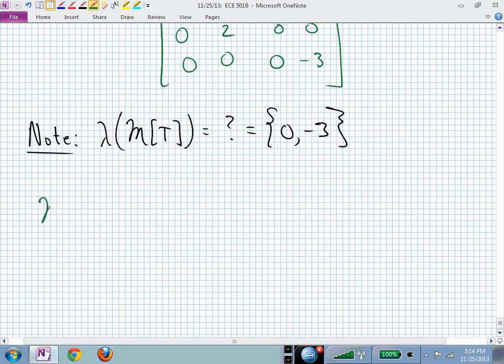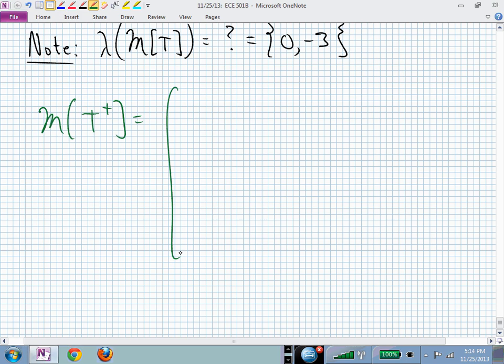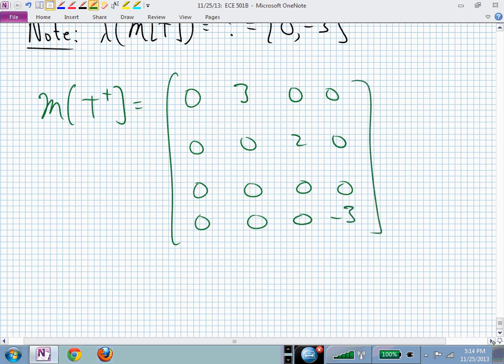I'm going to say the matrix representation of T dagger is equal to 0, 3, 0, 0, 0, 0, 2, 0, 0, 0, 0, 0, 0, 0, 0, -3. What's the linear map of this adjoint written in terms of coordinates?